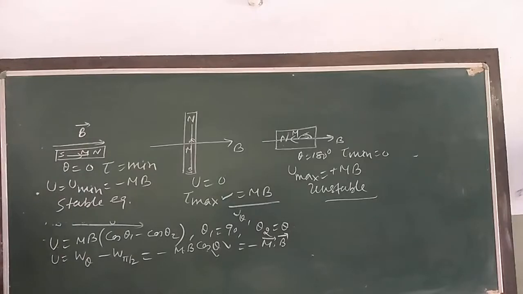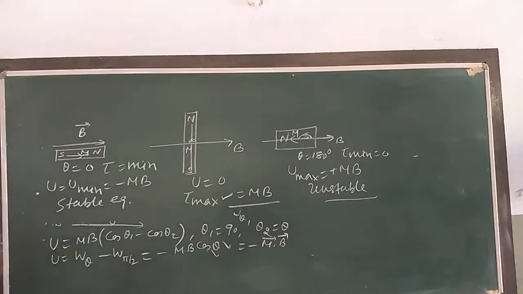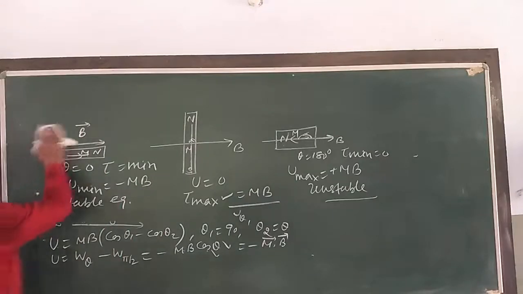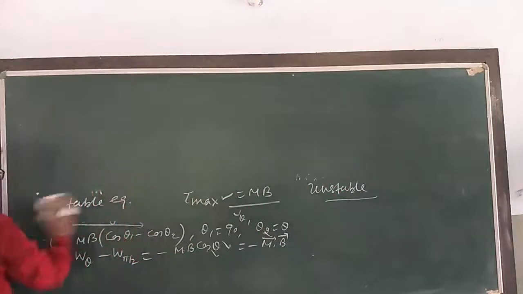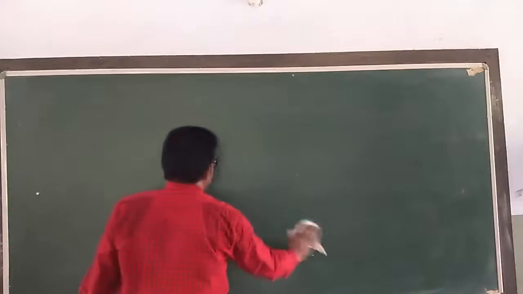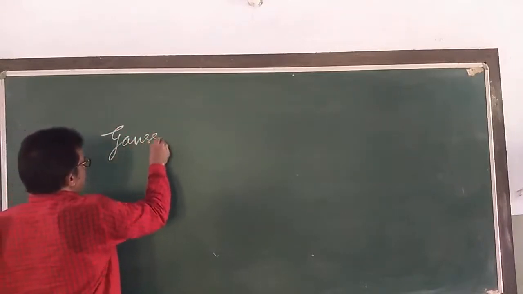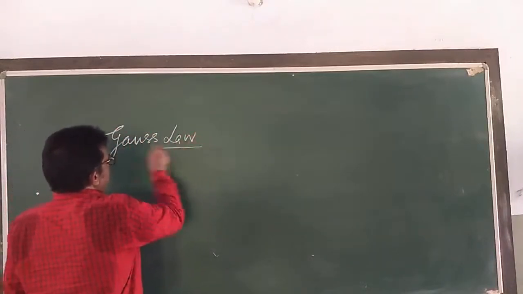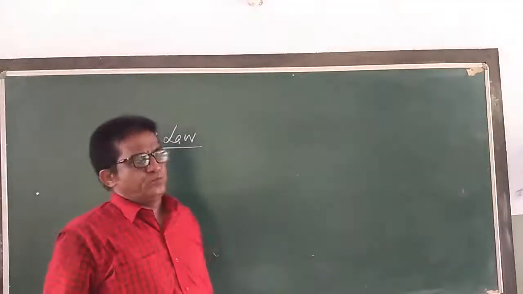Okay? Yes? Write down. One more small article we are going to see, that is Gauss law in magnetism. What is that? The Gauss law in magnetism. Gauss law in electrostatics we had seen in the first chapter.